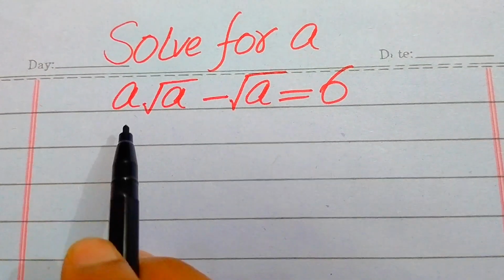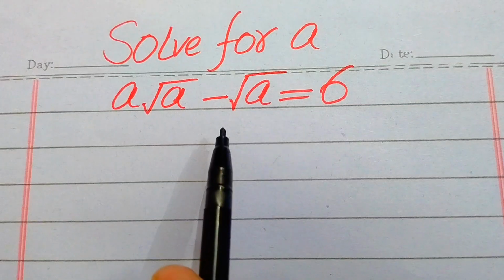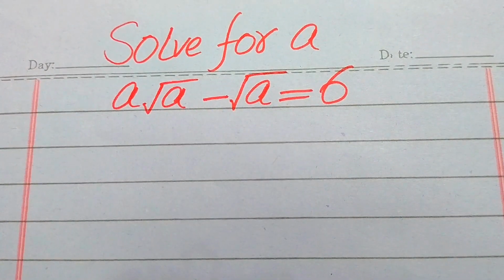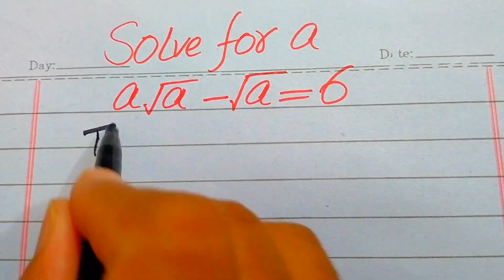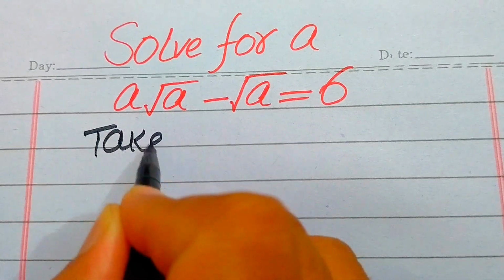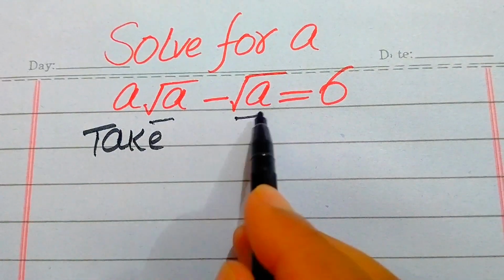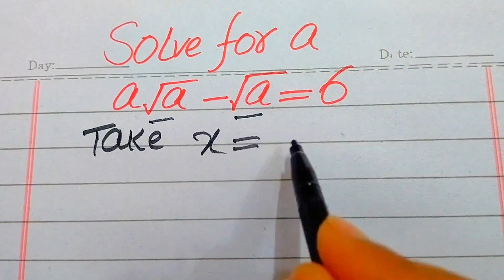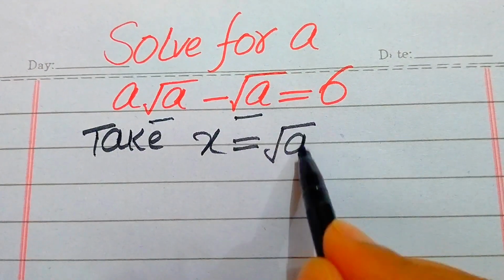So here we have a times square root of a minus square root of a equals 6, and we solve this problem for all the values of a. The very first step: you see that square root of a lies in both of these terms, so we let square root of a equal x. When we square both sides, we get x squared equals a. So a is equal to x squared and square root of a is equal to x.